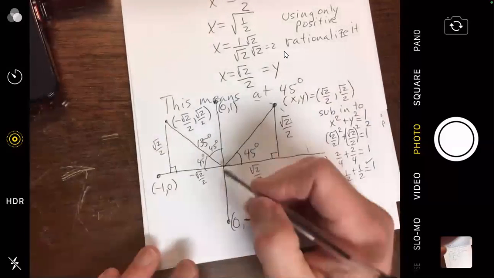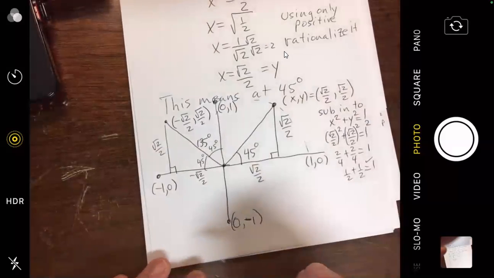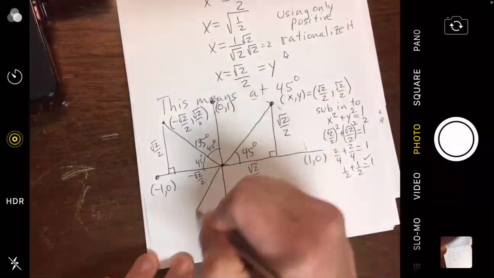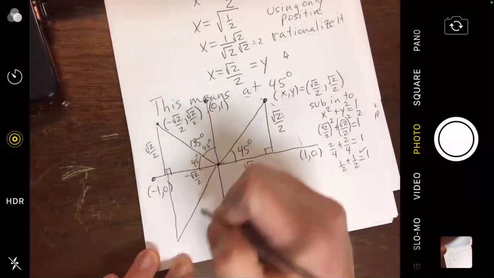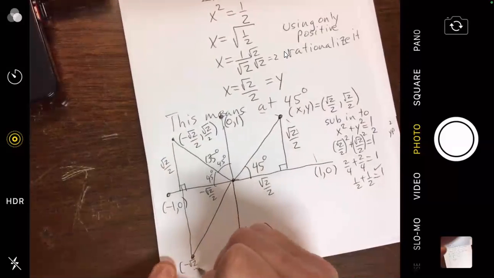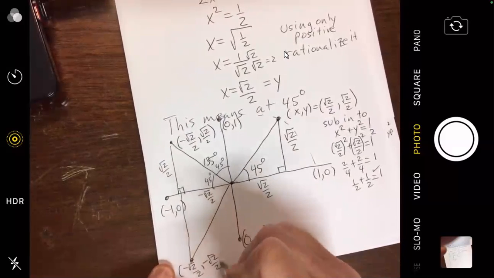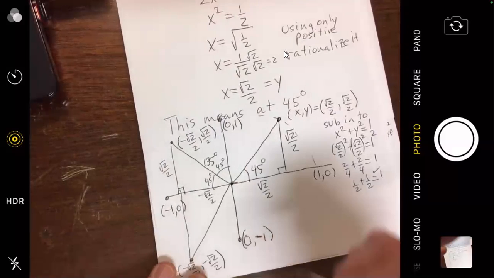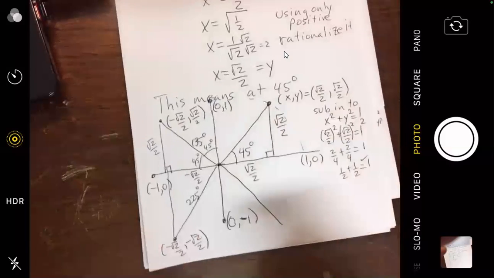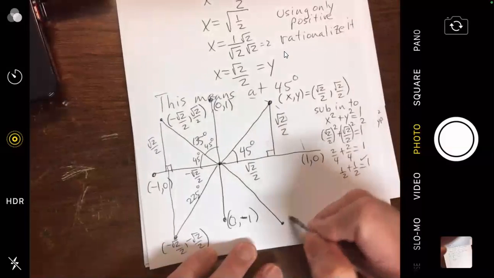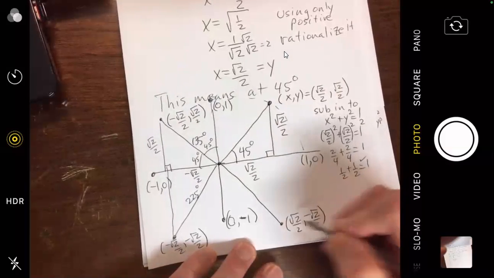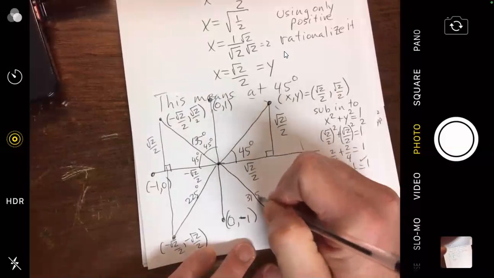You're just flipping the coordinates around the origin. Come down here, they're both negative, and that was at 225 degrees. I'm sure you have all this perfectly memorized. And you come down here, and you're at positive x and negative y in the fourth quadrant at 315 degrees.